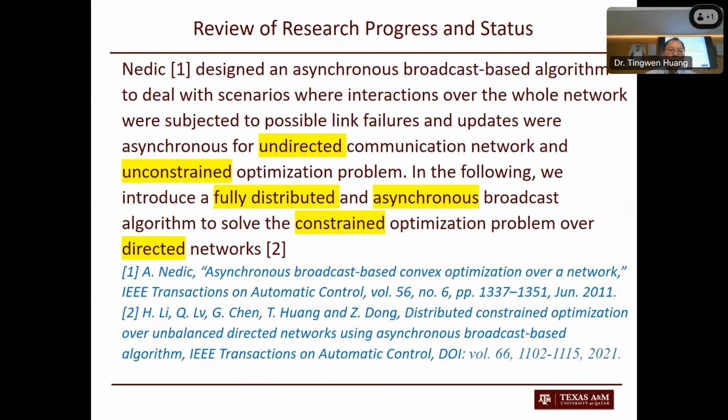In the following, we introduce the fully distributed and asynchronous broadcast algorithm to solve the constrained optimization problem over directed networks.